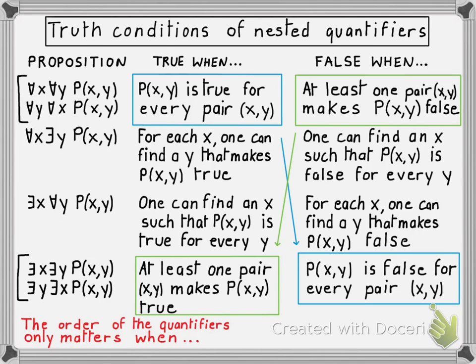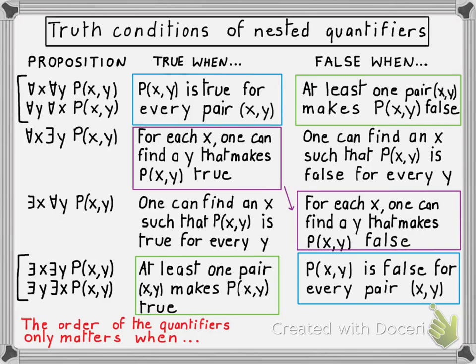This indicates a fact that is called the duality between those two quantifiers. We say that one quantifier is the dual of the other. In fact, a same or similar situation happens when we mix and match the quantifiers, and we switch the order of the quantifiers that are nested, we also observe a flipping of the truth conditions.